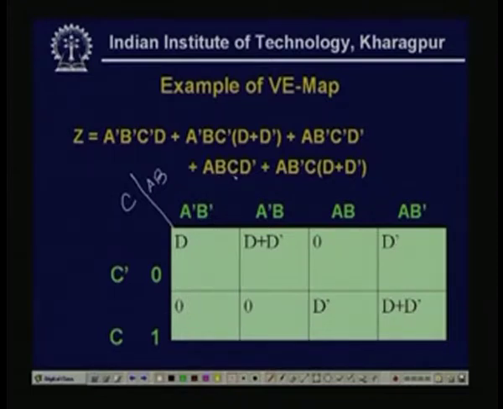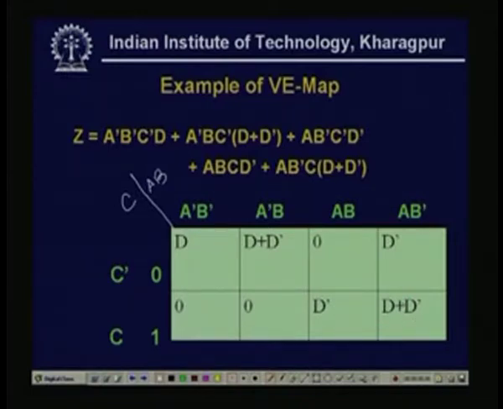Now ABC D', this is the second row, third column, so I put D' here. In the second row, fourth column, AB'C into D plus D', so I put D plus D' here.